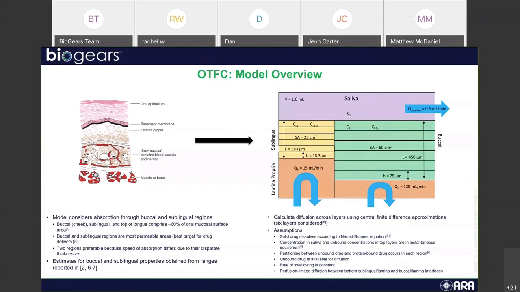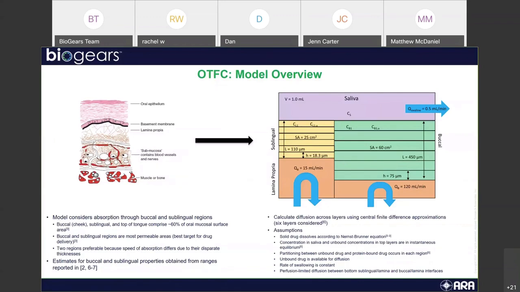You get a pretty rapid absorption in the sublingual area and a more extended one in the buccal area. And due to differences in capacity, the buccal area is larger, so you see some drug stored there that diffuses through the membranes a little more slowly to enter circulation.